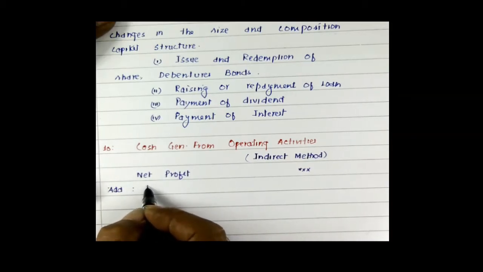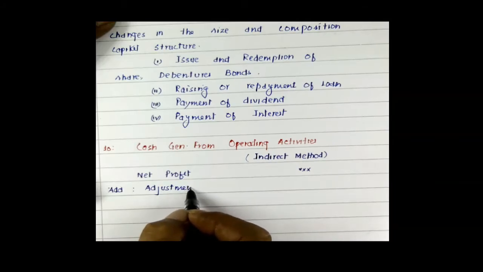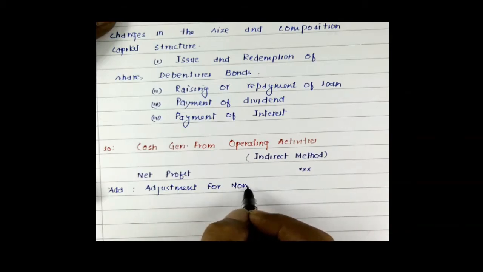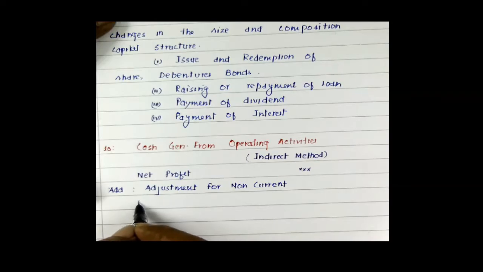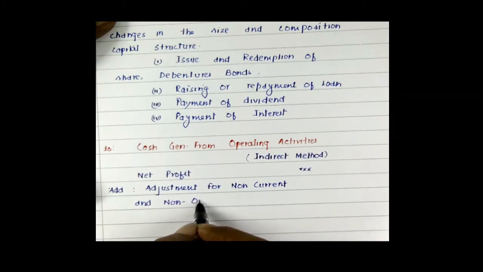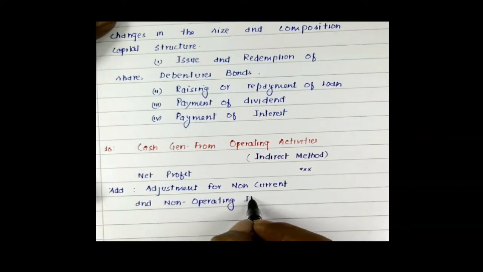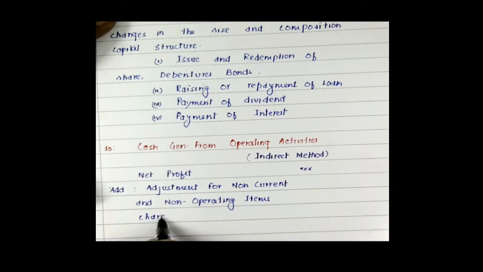Generally it is known as adjustment for non-current and non-operating items charged to P&L.